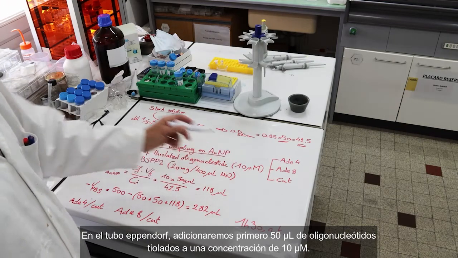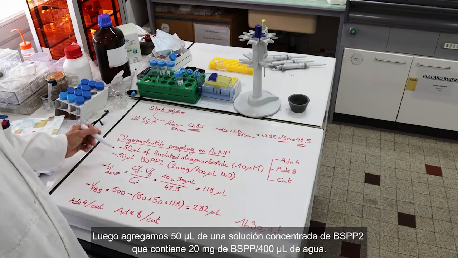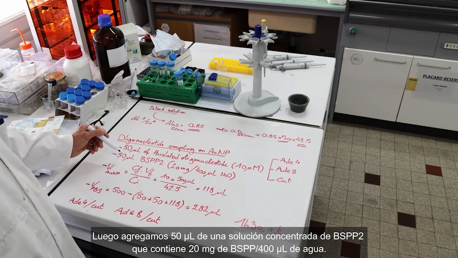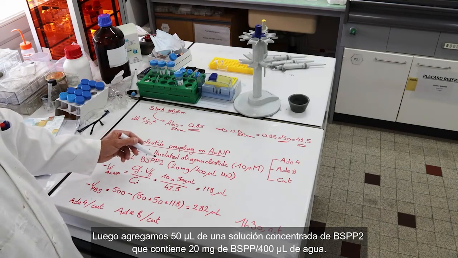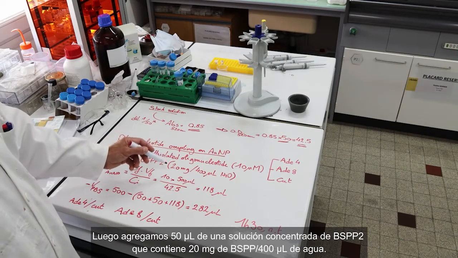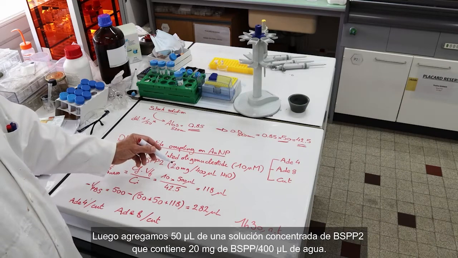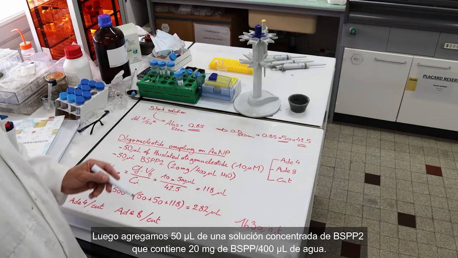Then we add 50 microliters of BSPP2, which is a more concentrated solution containing the phosphine. This solution is made of 20 milligrams of BSPP diluted in 400 microliters of water.